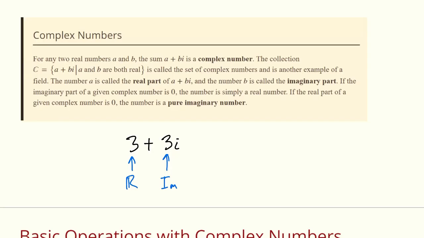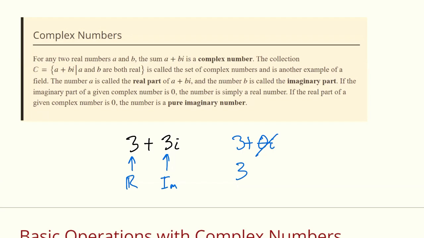Now what it's saying here is if, say, the imaginary part was 0, well, look at this: 3 plus 0i, well, we don't write the 0. So that's just a real number. Which is basically saying every number is a complex number; it's just that sometimes we don't see the imaginary part because it's a 0.